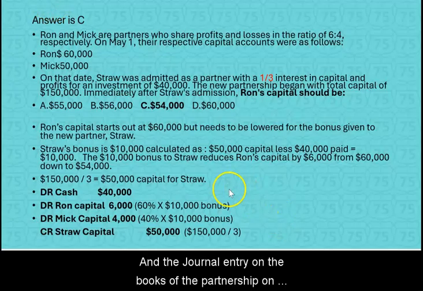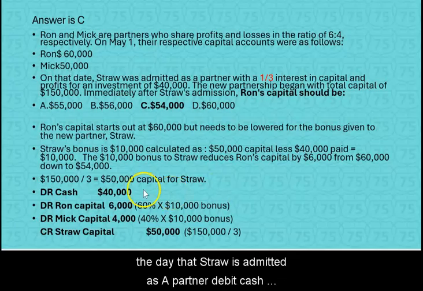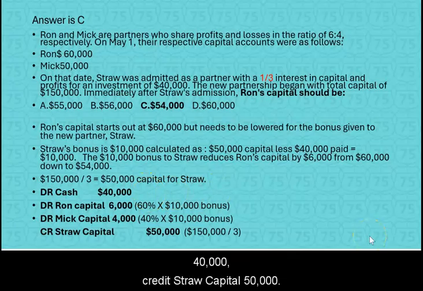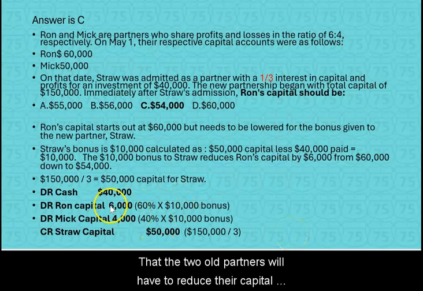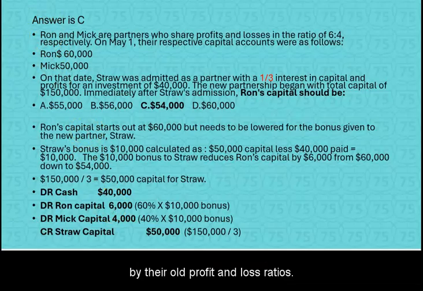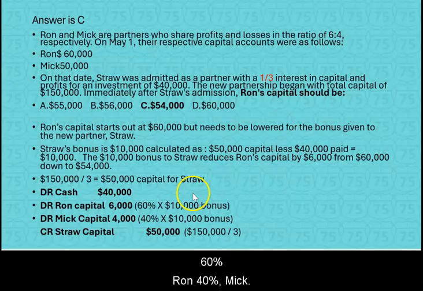And the journal entry on the books of the partnership on the day that Straw is admitted as a partner: debit cash $40,000, credit Straw capital $50,000, and that $10,000 difference is the bonus to Straw that the two old partners will have to absorb by reducing their capital by their old profit and loss ratios, which they told us is 6-4, 60% Ron, 40% Mick.